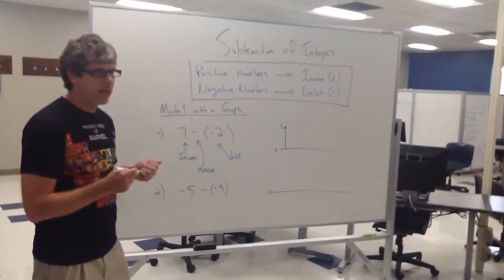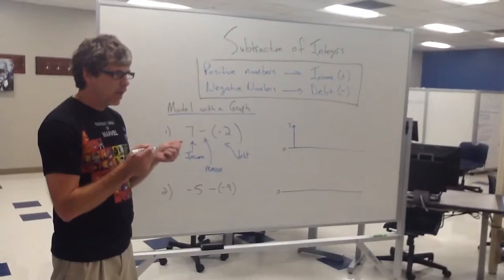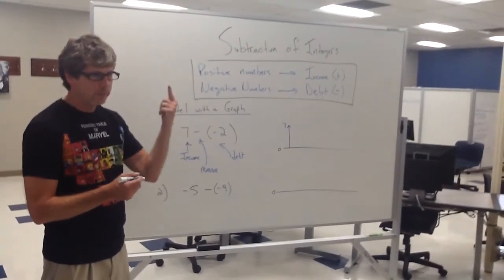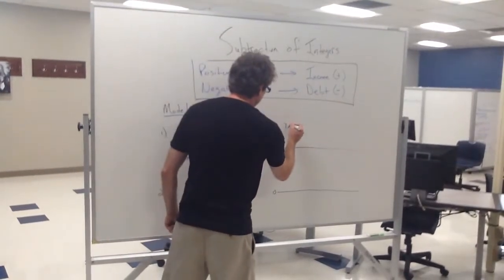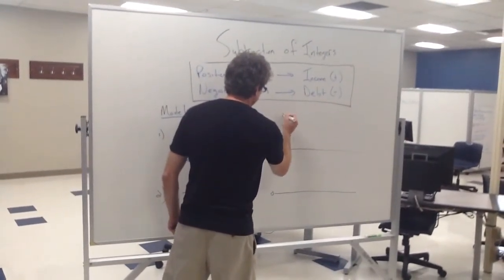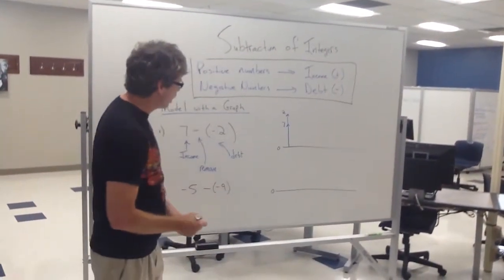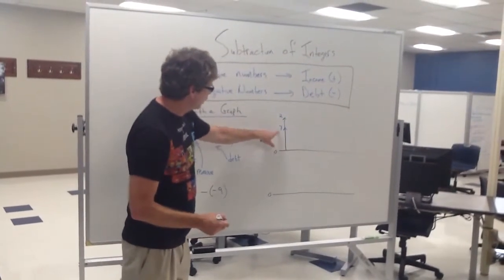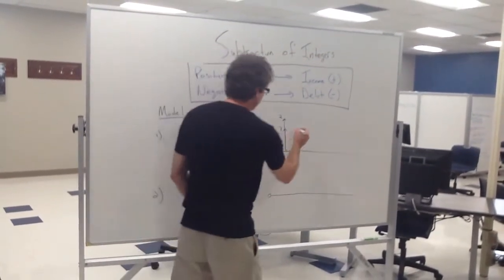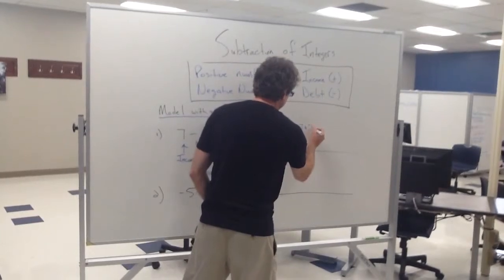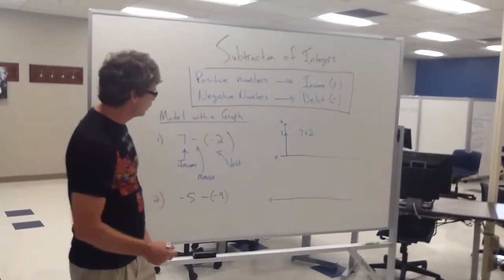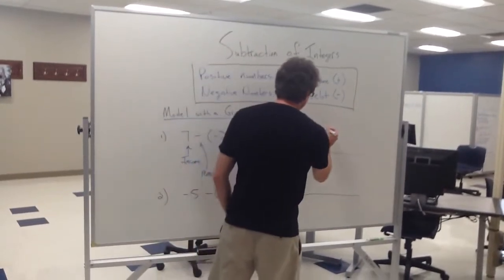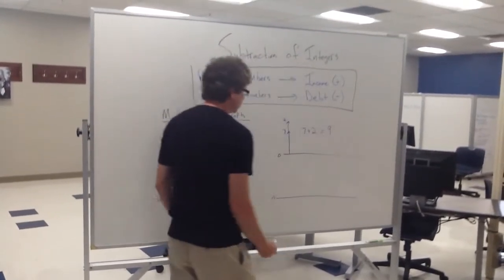Remember, if you remove debt out of your life, your value has to be going up. So if I remove debt, my direction should still be going in an upward direction. So based on my model, from 0, I've gone up 7 and I've gone up 2. So the math problem we're seeing actually is 7 plus 2, and therefore our answer is 9.